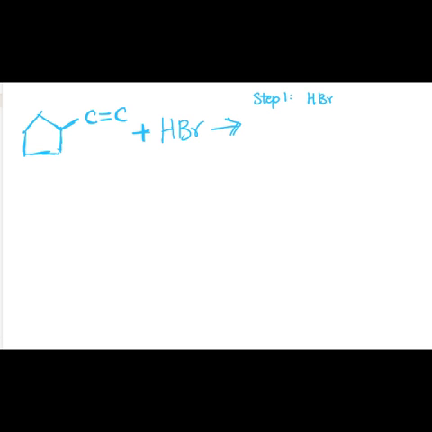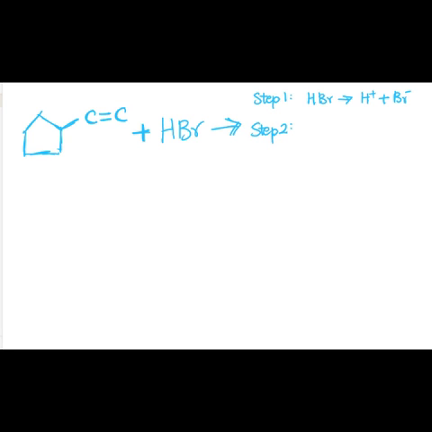HBr becomes H plus and Br minus, giving us a halogen and a hydrogen positive ion, which is acting as an electrophile. And step 2, this electrophile will attack the double bond, forming 2 possible carbocation intermediates.